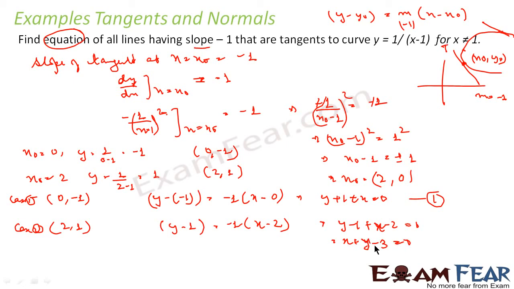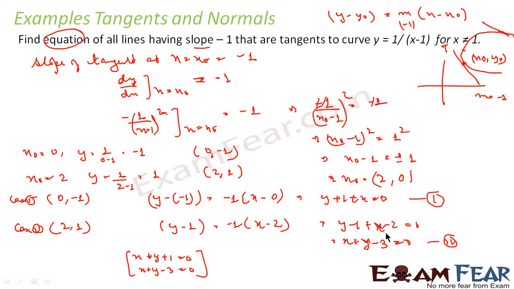So I have got these two equations. I'll write here: x plus y plus 1 is equal to 0, and x plus y minus 3 is equal to 0. And for both these equations, if you see, the slope is -1.